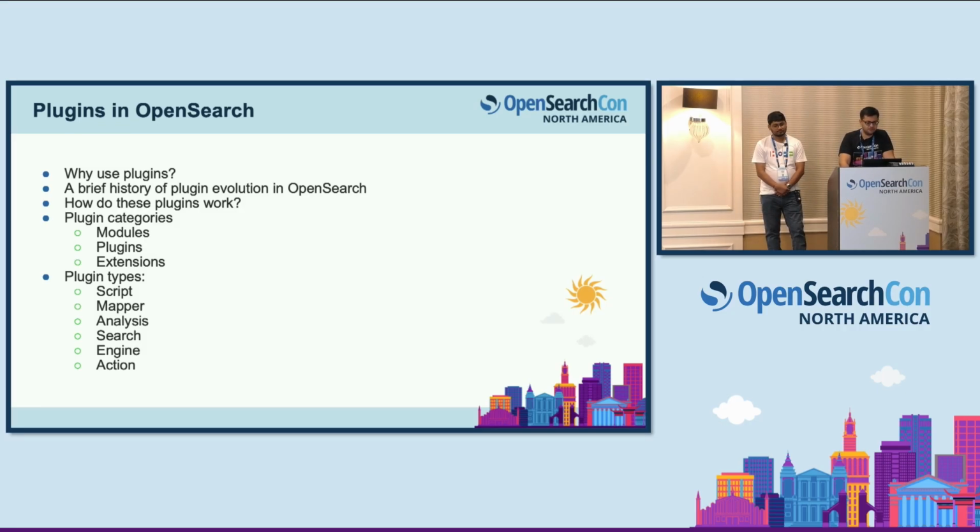But before we discuss much about that, let's quickly get to know how it evolved over time. As we all know, OpenSearch was forked from Elasticsearch version 7.10, and Elasticsearch was created around 2010. Even in the pre-1.x version of Elasticsearch, there were plugin services already present and signs of extensibility.